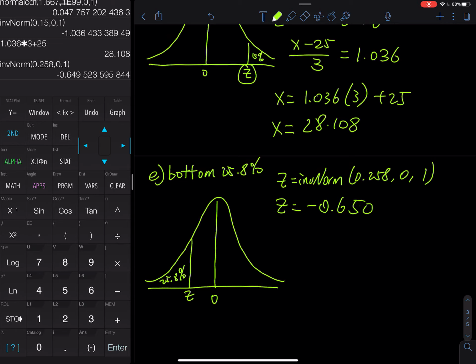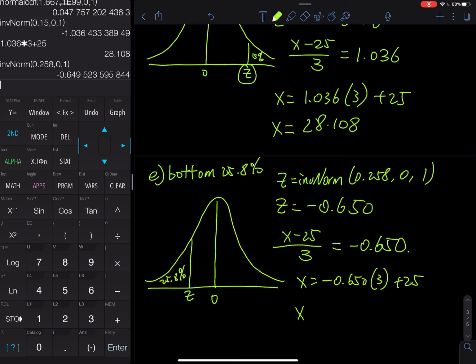All right, then we have x minus the mean divided by standard deviation equals negative 0.650. I know weight cannot be negative, but the 25 is big enough to make the weight become positive. So x is equal to the z, multiply the denominator, and then you add 25 to it. Just solve a simple equation.